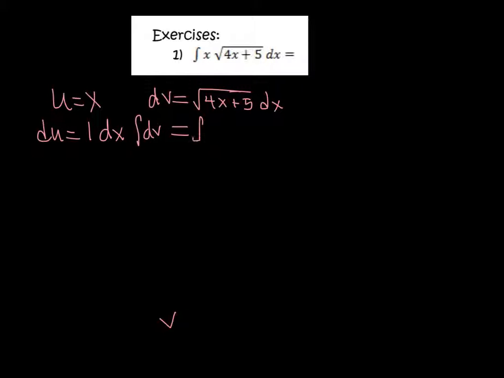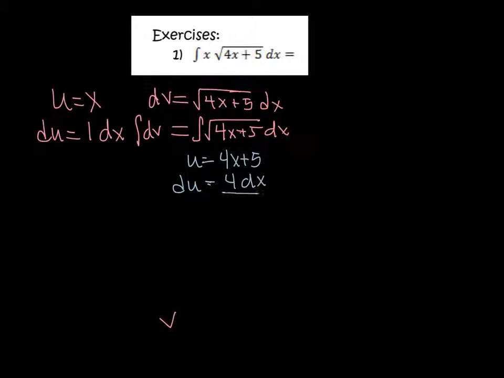So that will be the integral of the square root of 4x plus 5 times dx. In this case, well, we need to do the change of variable. We want to make u equals 4x plus 5, and then its differential will be 4 times dx.